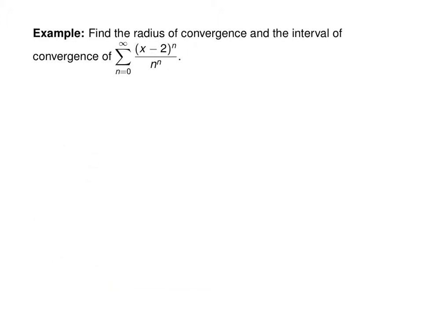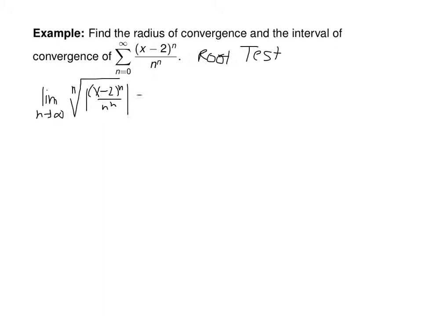Find the radius of convergence and the interval of convergence for this series. Now you could apply the ratio test, but because both the numerator and denominator are raised to the nth power, I'm actually going to use the root test for this particular example. So we'll find the limit as n goes to infinity, the nth root of the absolute value of x minus 2 to the n over n to the n, which will equal the limit as n goes to infinity, the absolute value of x minus 2 just over n.